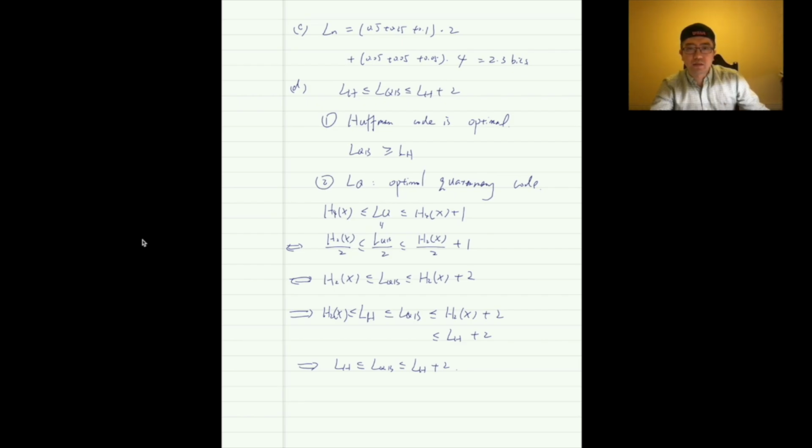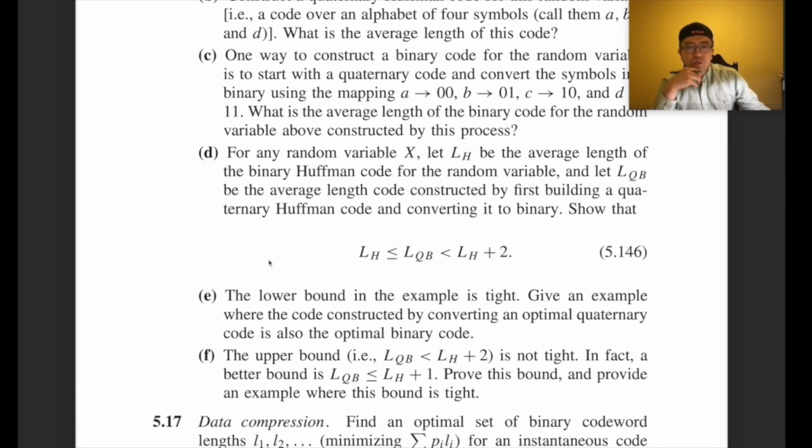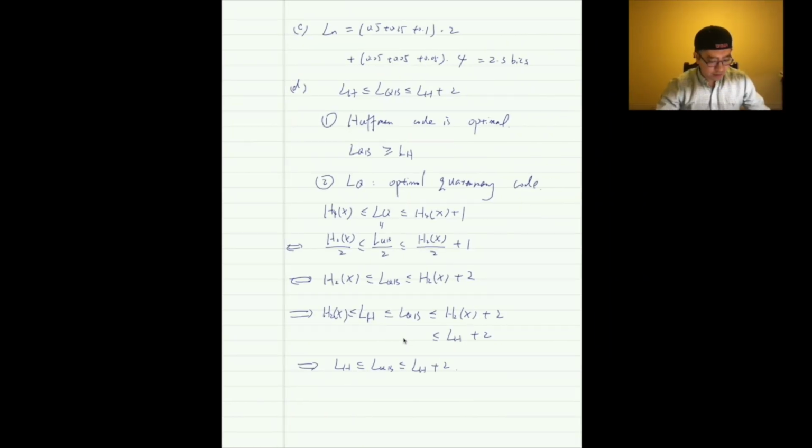Right. Next, let's see part E. In part E, it says that the lower bound in the example is tight, so it means that these two can actually be equal. Give an example where the code constructed by converting an optimal quaternary code is also an optimal binary code. So you may think what would be the case, right?